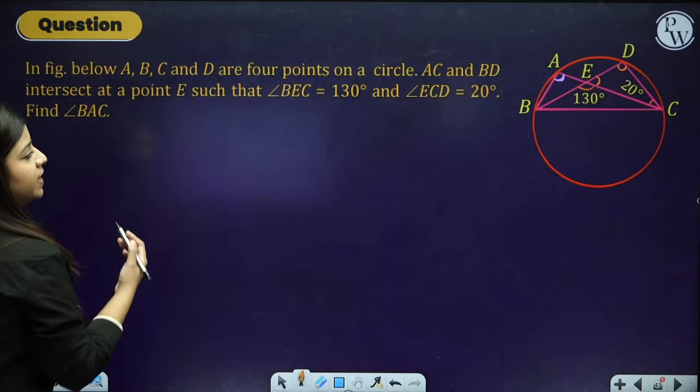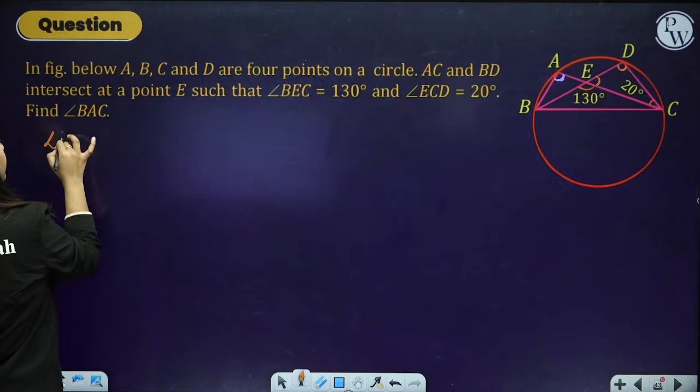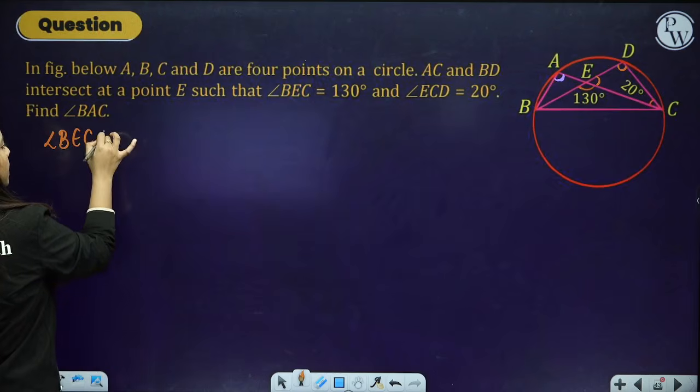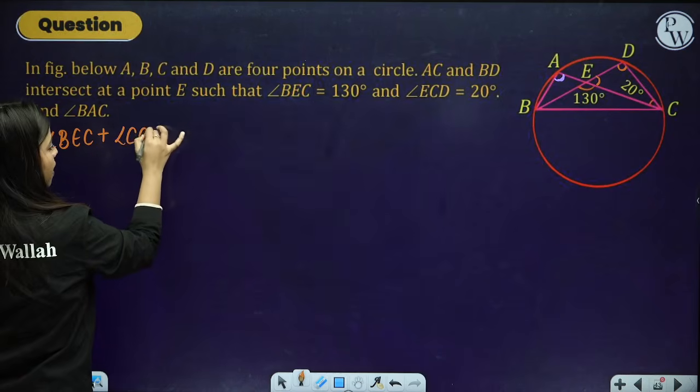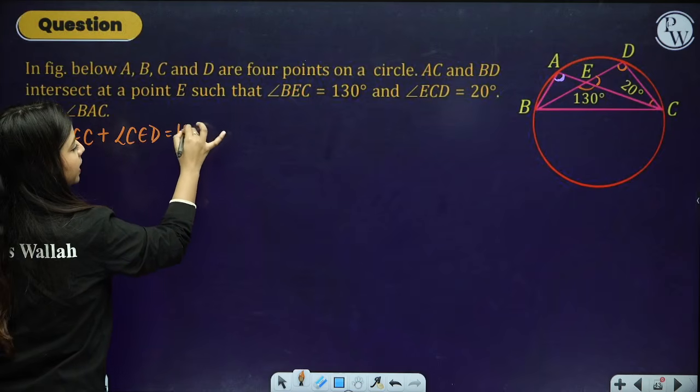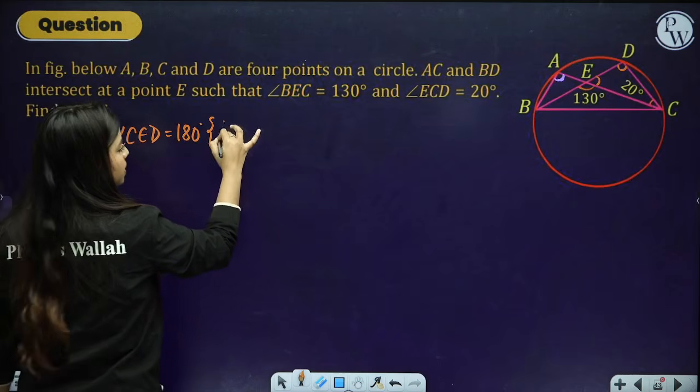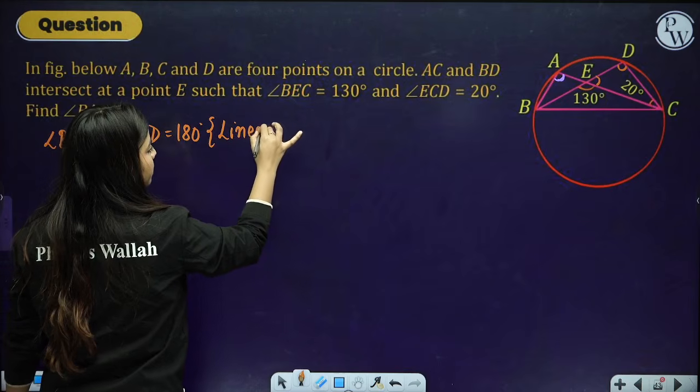So the very first thing that we can say: angle BEC plus angle CED will be equivalent to 180 degrees, and what will be the reason? Because it is forming a linear pair.